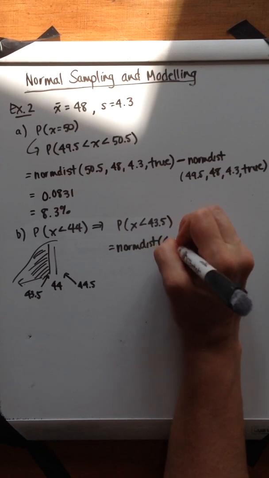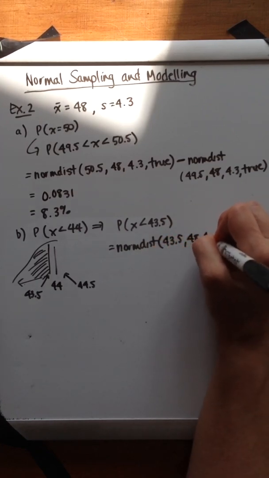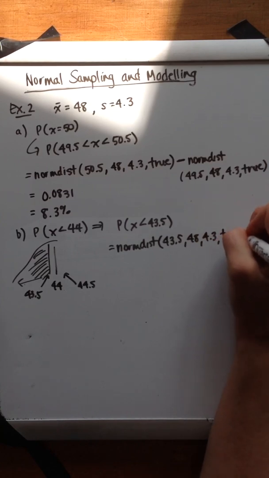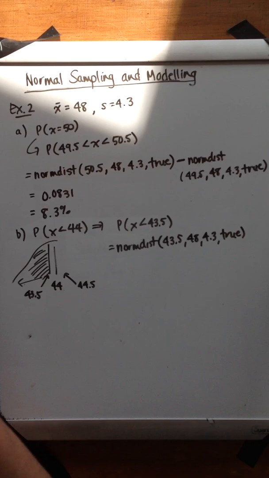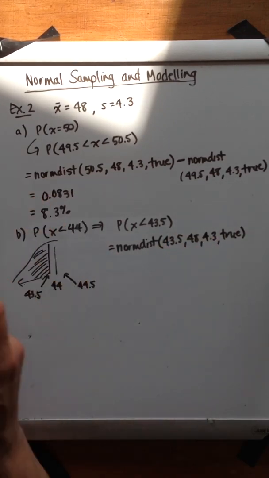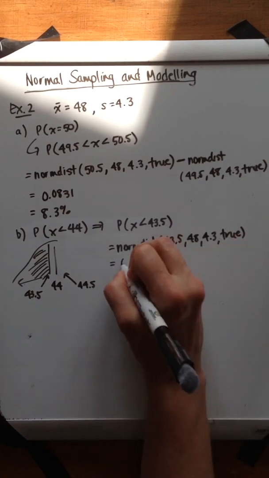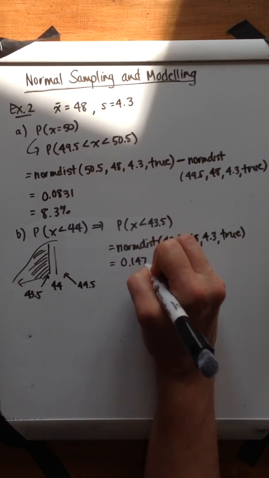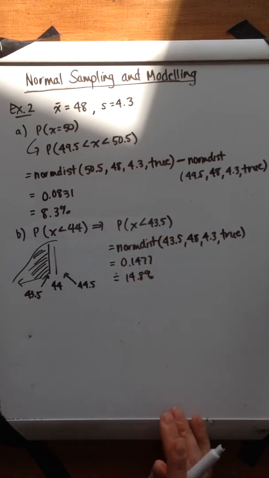We'll use our x value of 43.5. Same mean, same standard deviation, still ending with the word true. Again, this is going to give us, when programmed this way, the area under the curve and less, or under that data point and less, and we end up with a value of 0.1477, or if you want to, 14.8% would be fine as well.